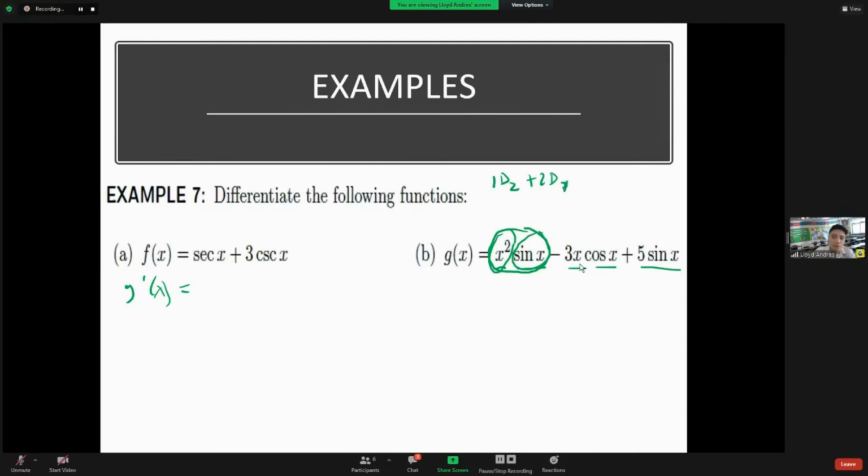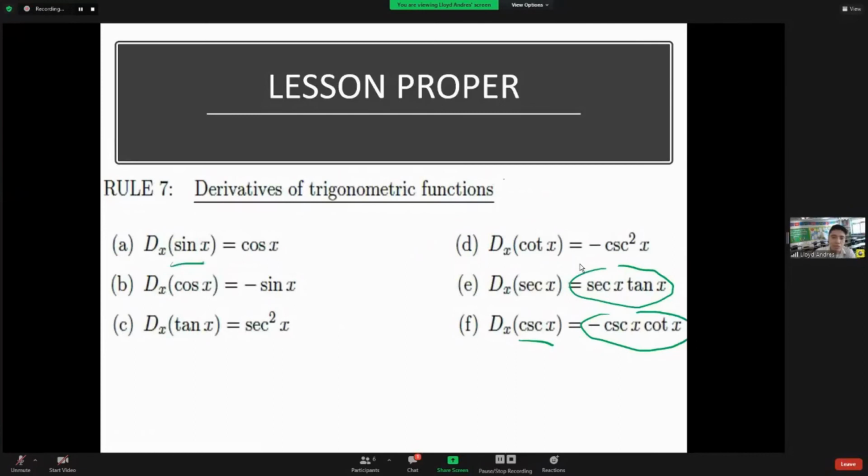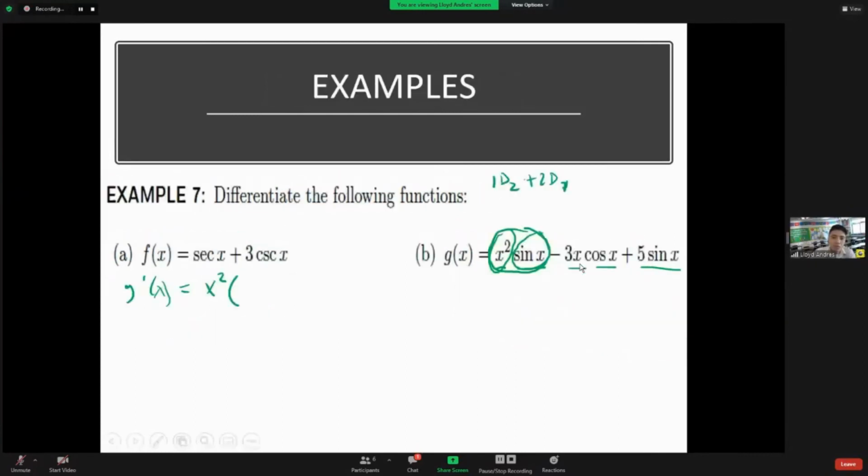So copy the first, then the derivative of the second. What is the derivative of sin? The derivative of sin is cosine. So cosine x. First times the second only so far.